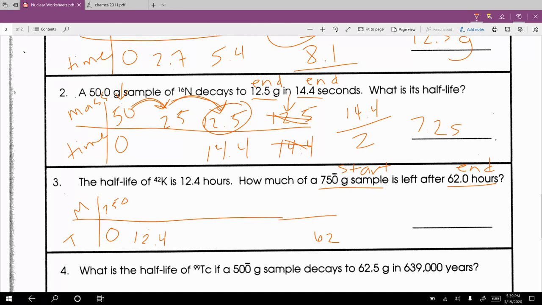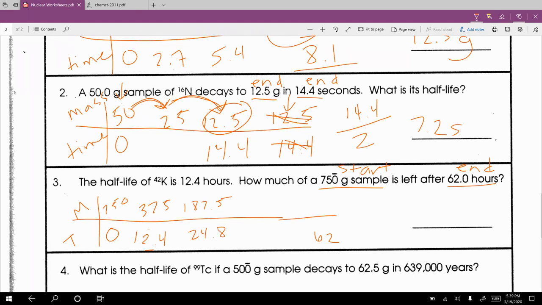So I started off with 750. 1 half-life, 12.4, gives me 750 becoming 375. Then 375 gets cut in half again. That becomes 187.5, right? And then another 12.4, so add 12.4 and 12.4, and you're going to get 24.8.